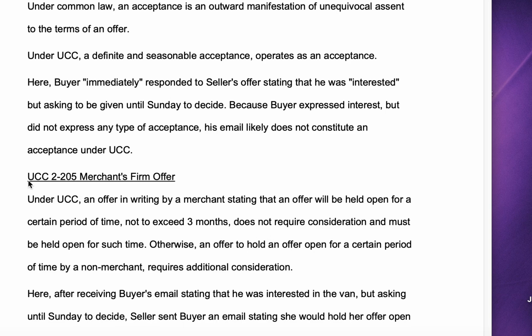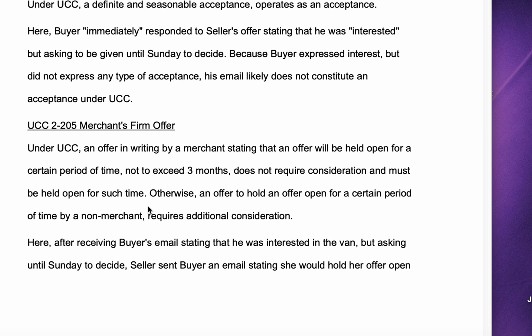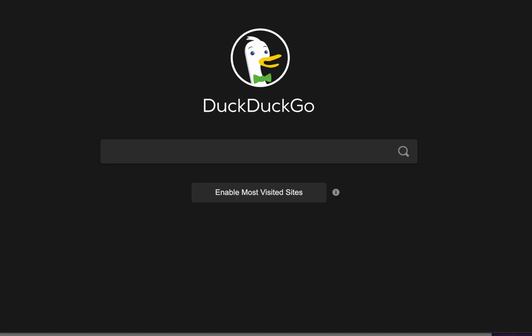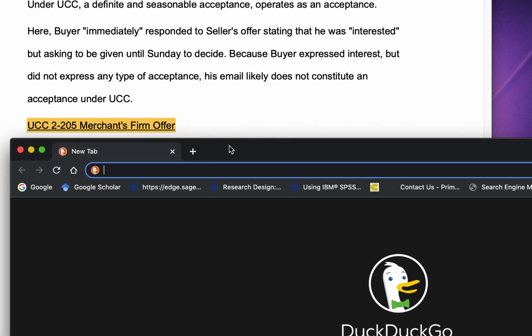Now, UCC 2205, Merchants Firm Offer. They have this UCC 2205 memorized. Let's go take a look and see how close they got to it. We can go look it up. UCC 2205.